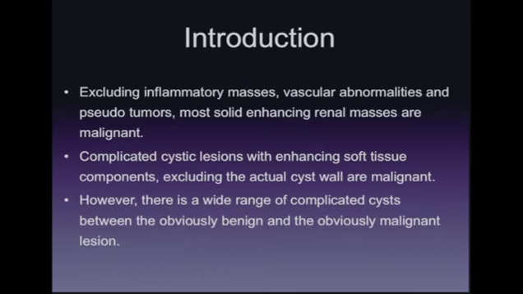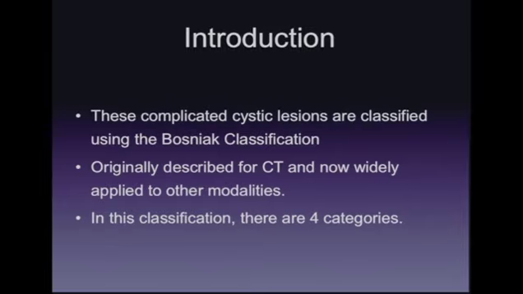Excluding inflammatory masses, vascular abnormalities, and pseudotumors, most solid enhancing renal masses are malignant. Complicated cystic lesions with enhancing soft tissue components, excluding the actual cyst wall, are all malignant. However, there is a wide range of complicated cysts between the obviously benign and the obviously malignant lesion.